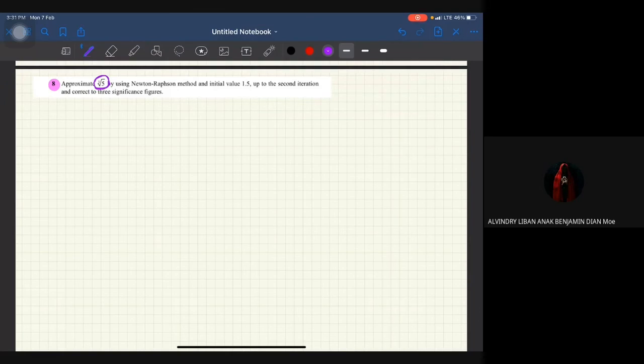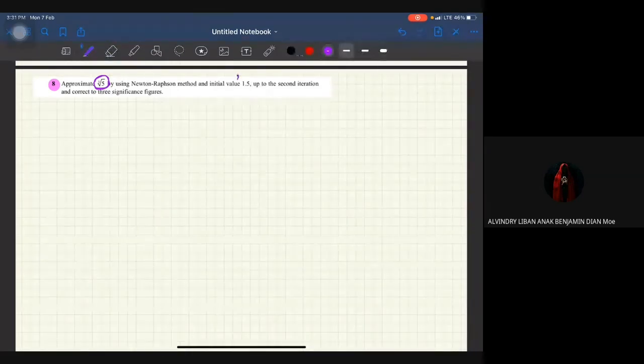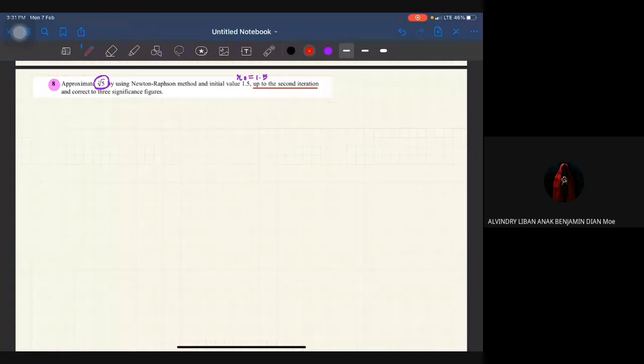And then dia bagi kita initial value 1.5. So initial value is x naught 1.5. So up to the second iteration. Apa maksud up to the second iteration? What does it mean by that? Siapa-siapa tahu tak? Nak cuba tak?